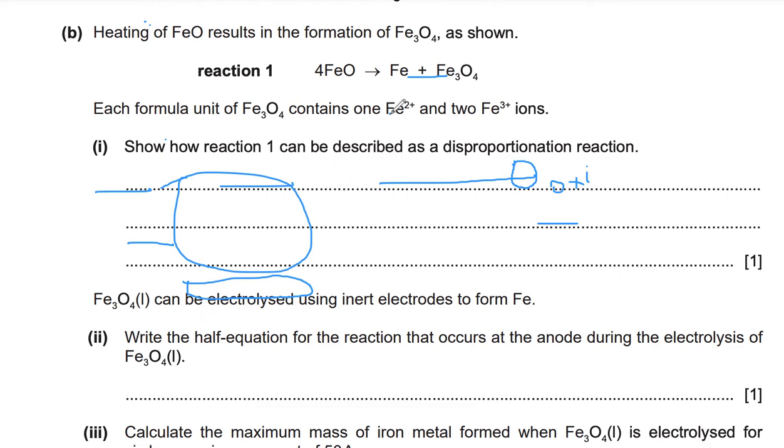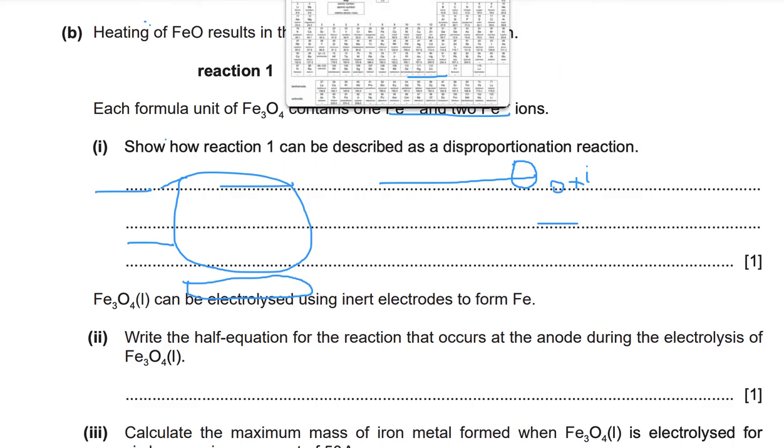Fe3O4 has both Fe+2 and +3 ions, but we need to see which one is being oxidized. So Fe+2 to +3 would be oxidation, right?